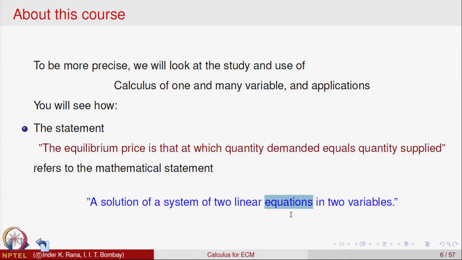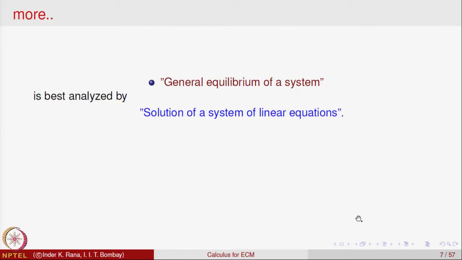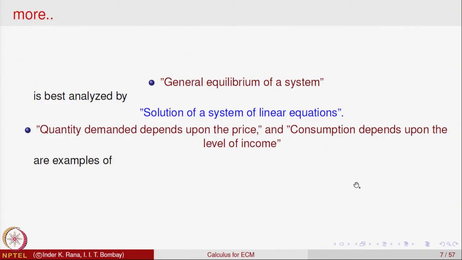Another problem that you can look up is the following, say the general equilibrium of a system. What does that mean? Mathematically this is analyzed by solving a system of linear equations. So, this goes in the subject of applications of linear algebra to economic models. For example, there could be quantity demanded depends on the price and the consumption depends upon the level of income.